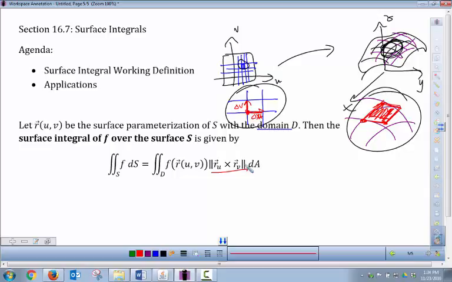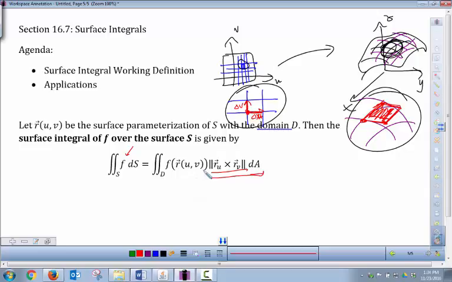I think we did this work before where we found the surface area. So this is the surface area element over here. The only difference is now we get to put a scalar function f into the integral, and now we're integrating this.